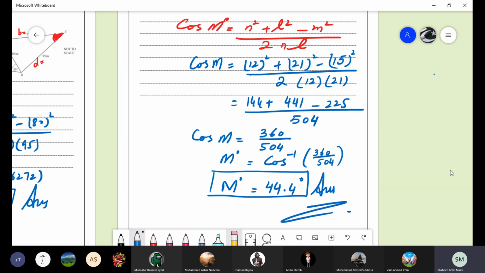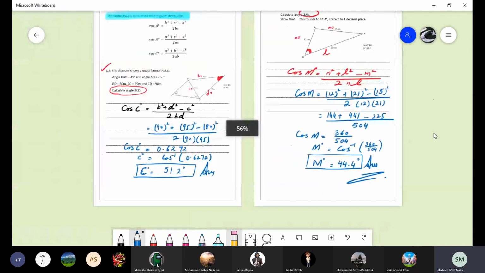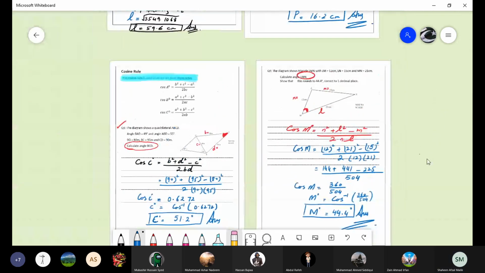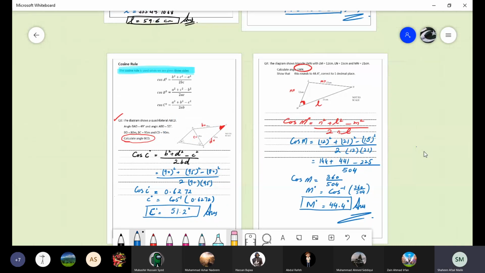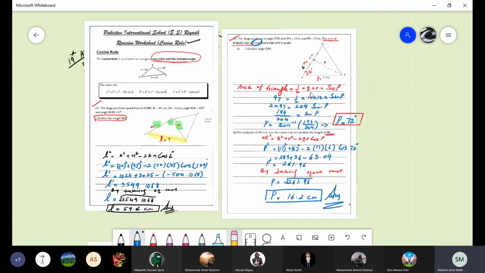If you have any problem in this worksheet, you can ask me. These are all four questions: two with the first condition and two with the second condition. Look at the second question. It's different, in the sense that first the area was given. You have to find the area first. With the help of area, we find the missing angle at point P. Then we use that angle to find the length of XR, the midpoint.